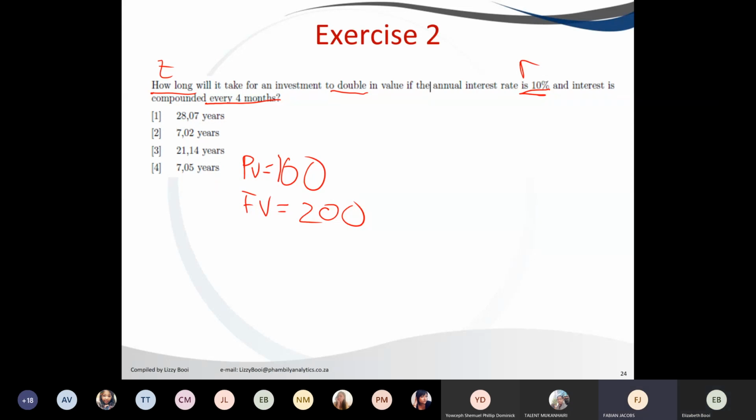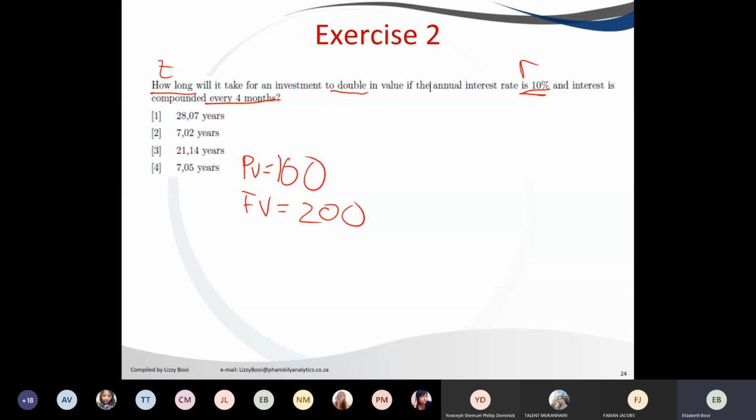So every 4 months means your compounding periods will be equivalent to 3.